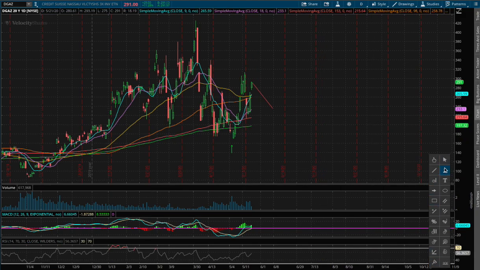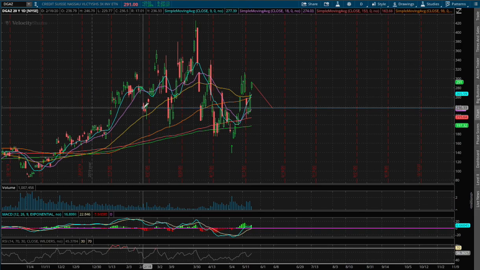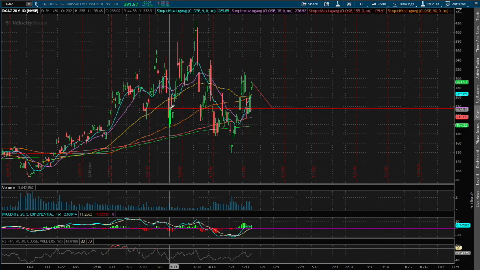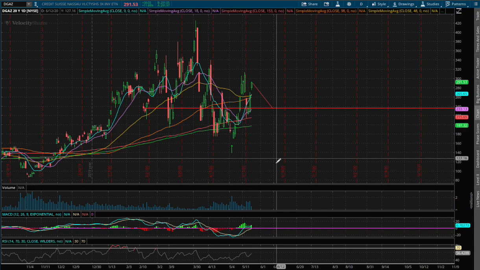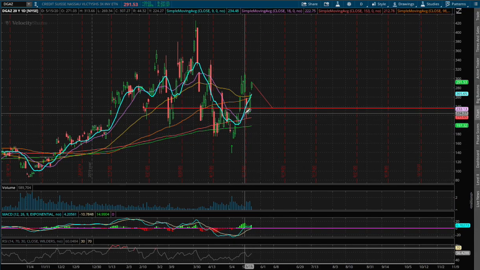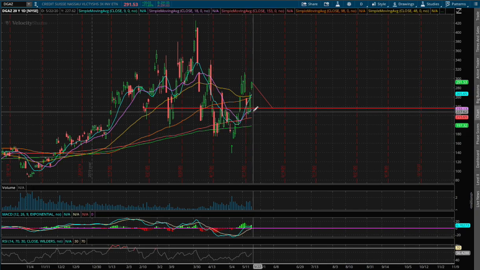So that will be our first immediate support. And that coincides with previous support levels that dated back to February 19 as well as March 11, and back in April as well. And you could see slightly the purple line as our 18-day moving average also coincides with that support level.